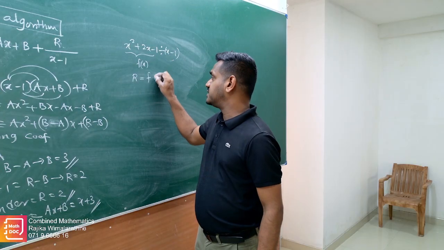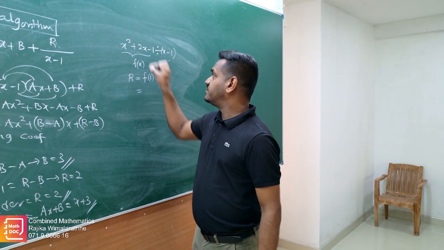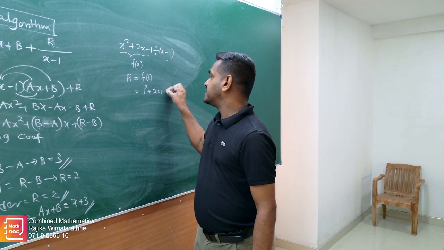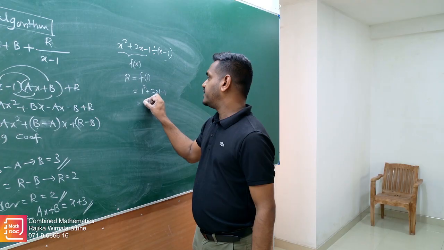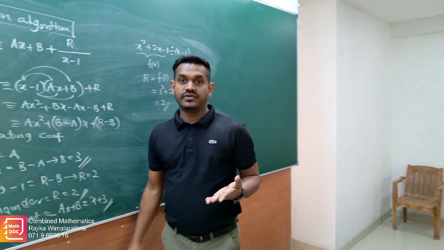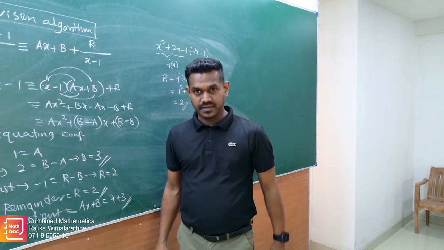Substitute it into the function, and that is directly the remainder. Now simplify: 1 squared plus 2 times 1 minus 1 gives 2, so the remainder is 2. Without finding the quotient, we can directly find the remainder by the remainder theorem.